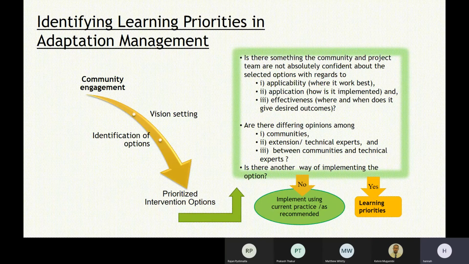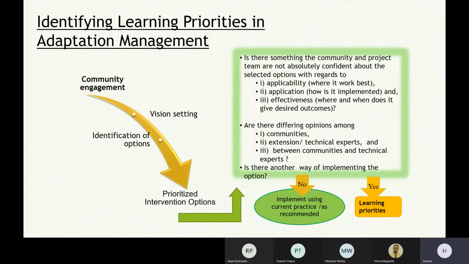So what we are learning from this project, we have come up with a model to show there is a way we can look at adaptation management of community, identifying learning priorities in adaptation management. That's what I mean.